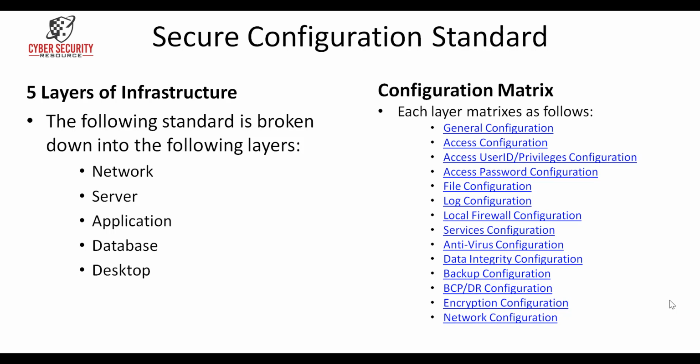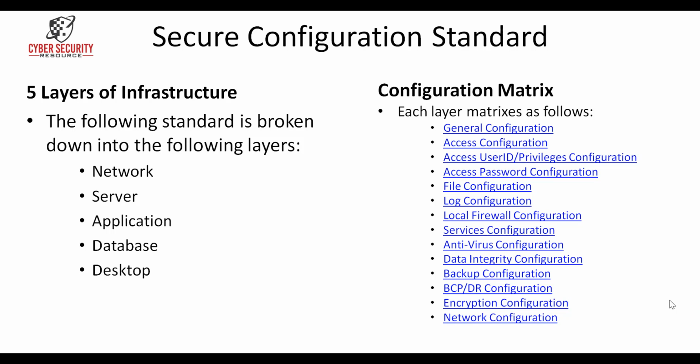As you download the Excel document, it's going to have a number of tabs across the bottom, and we'll get into it. But what the IT standard configuration guidelines often look like are broken into your standard layers here. So you have your 5 core layers. You have network, server, application, database, and desktop.